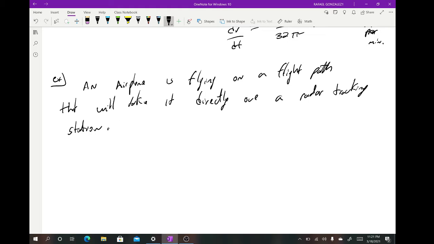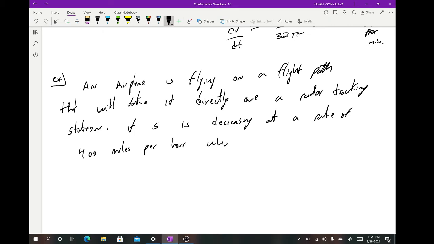Now, we're told that if S is decreasing at a rate of 400 miles per hour, when S is 10 miles, what is the speed of the plane?